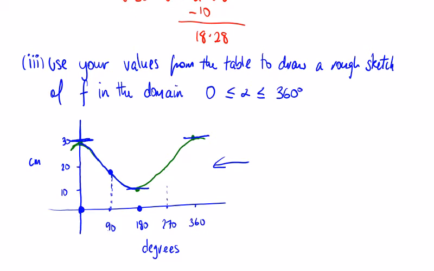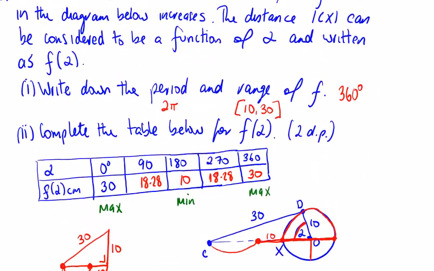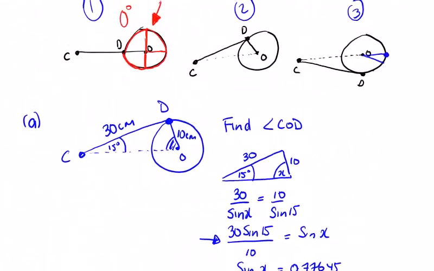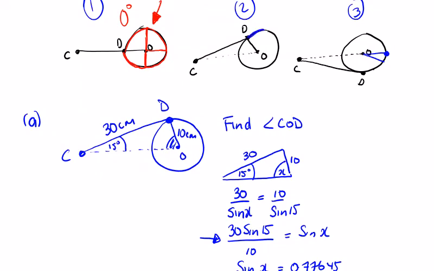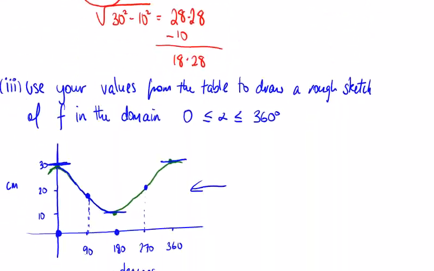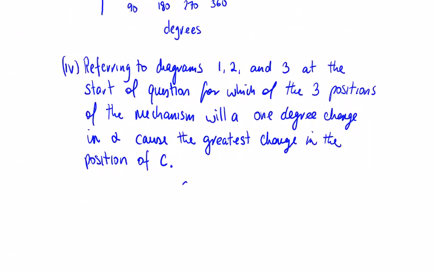So it could also be at 270 as well, going up the other side, but the diagrams were given like this. So this is the diagram where it was closest to the 90 degree angle, which is what they're looking for here. So the answer to this part is diagram 2. Kind of a tricky question, that. Diagram 2 was a 5-mark question.